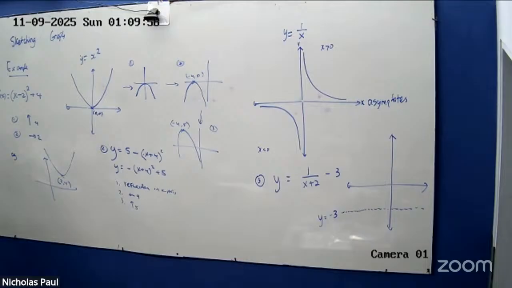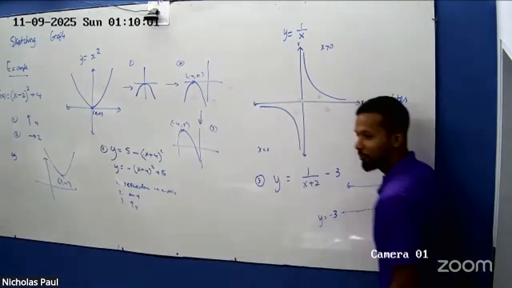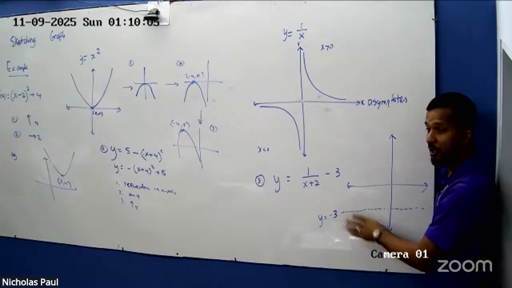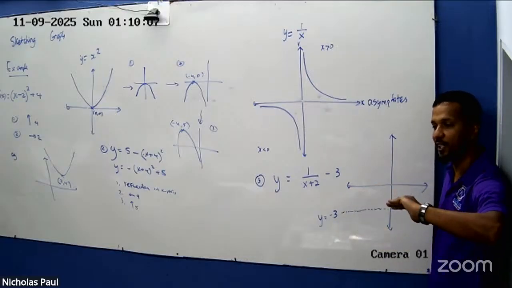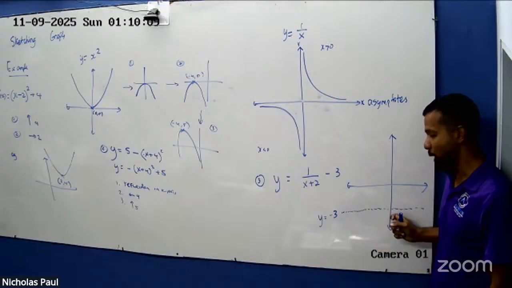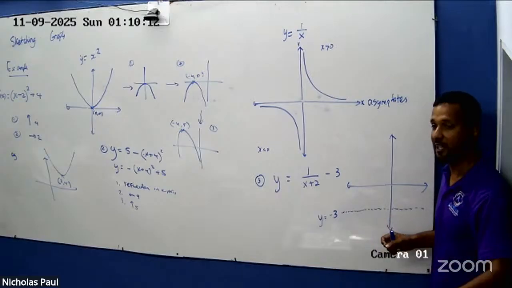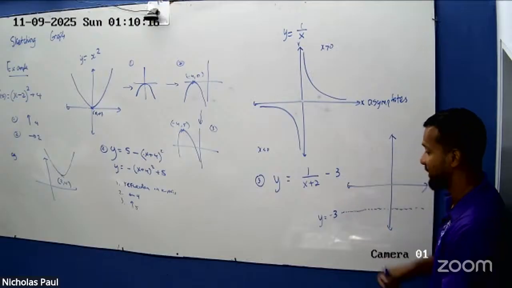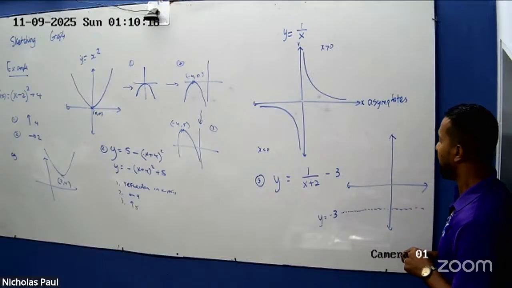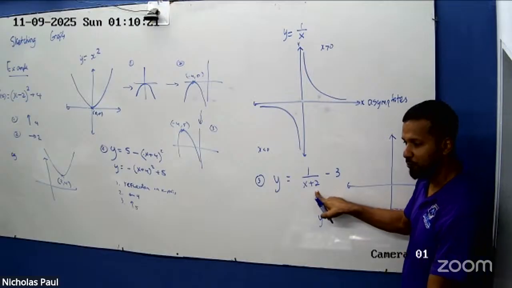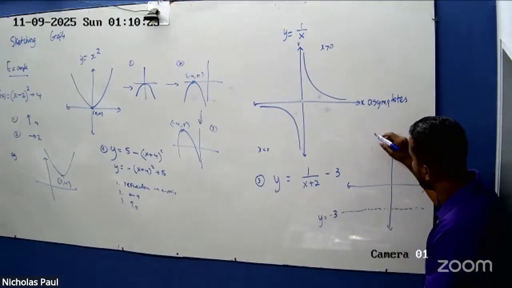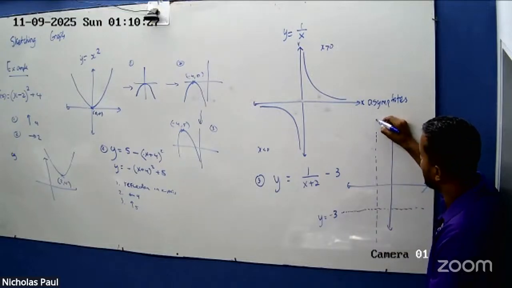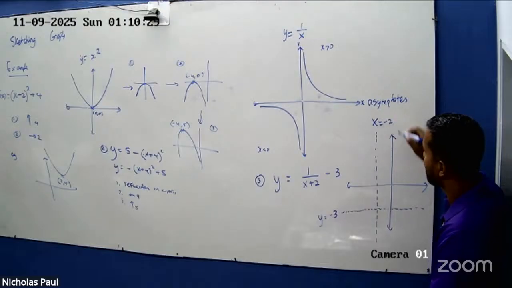For horizontal lines, the equation is y is equal to whatever point it's passing through. Vertical lines are what? x is equal to whatever point it's passing through. Nice. So we move to the left 2, so the asymptote will be x is equal to minus 2.